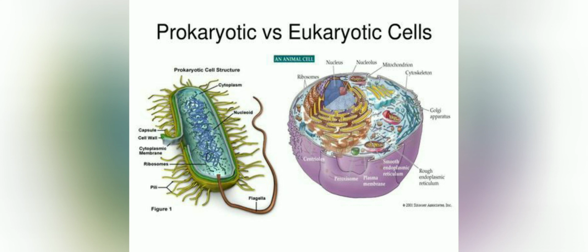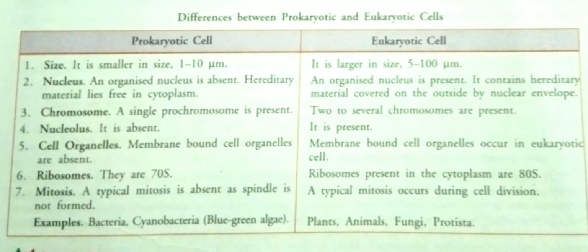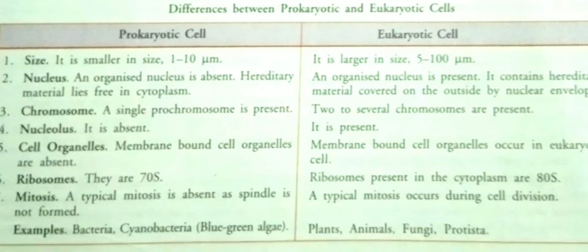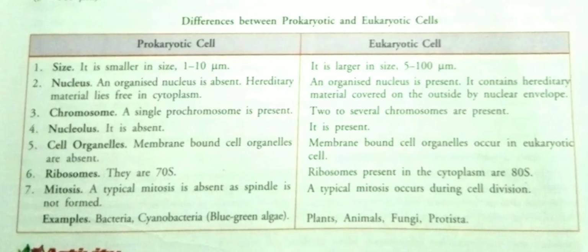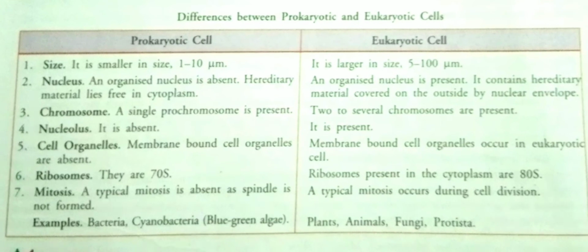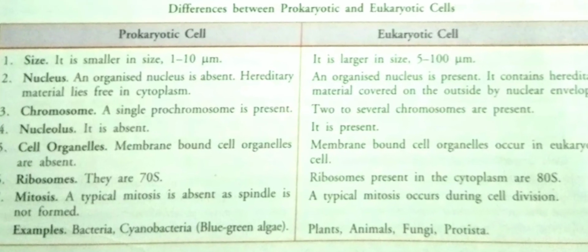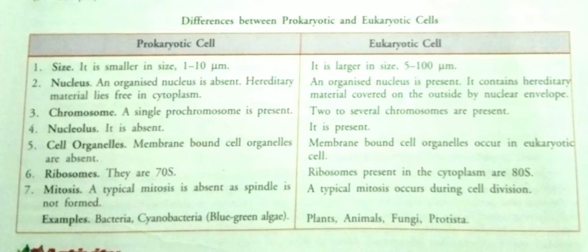Now let us see the differences between eukaryotic and prokaryotic cells. You can see from the picture how different they look. So we'll go in detail. Prokaryotic cell: the size is smaller, but in the eukaryotic cell the size is larger. An organized nucleus is absent in prokaryotic cells but present in eukaryotic cells, which is covered by a nuclear membrane.